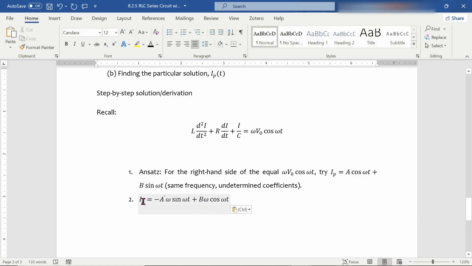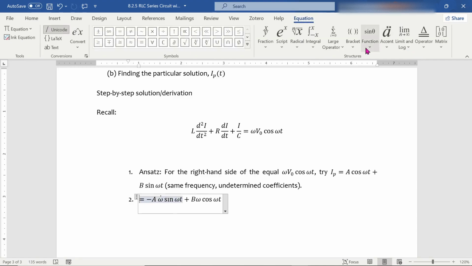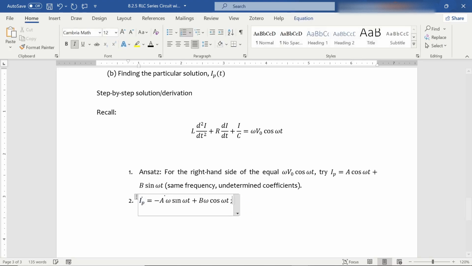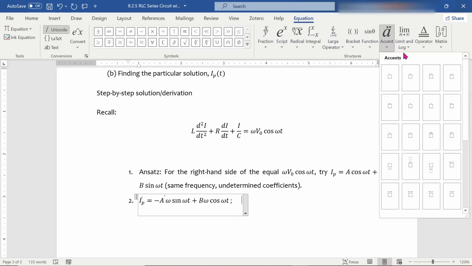So that's for the first derivative. Let me change this to have a proper notation. So that's IP dot. And we have the second derivative, IP double dot.